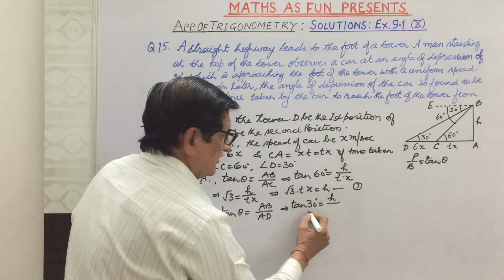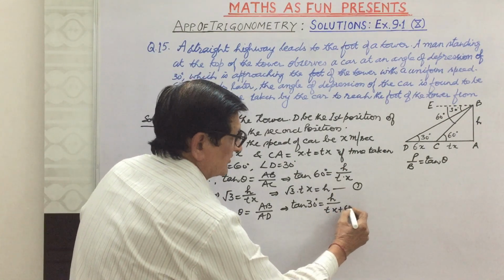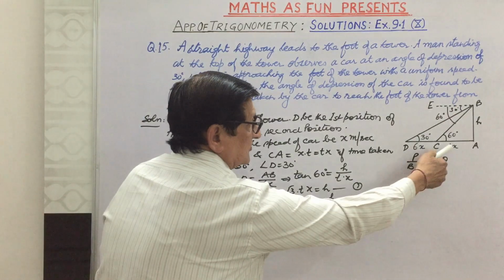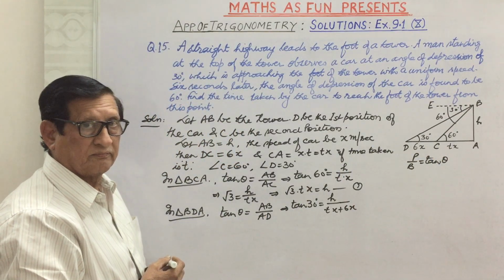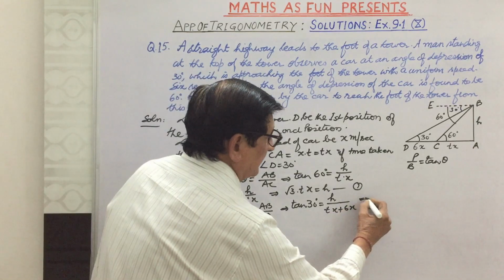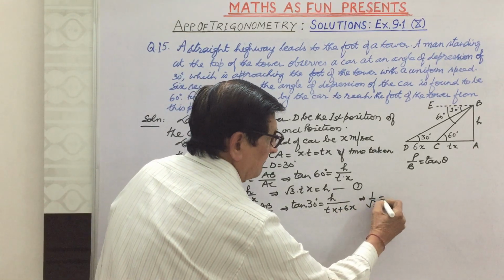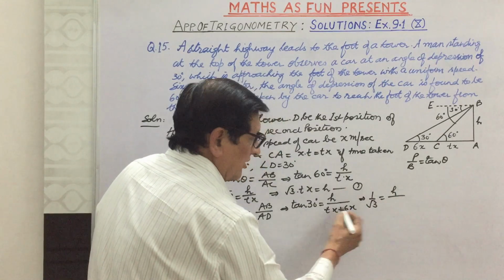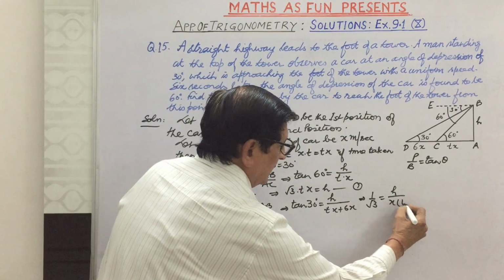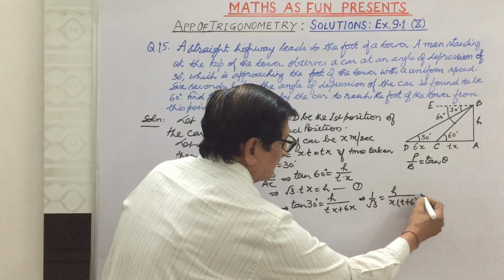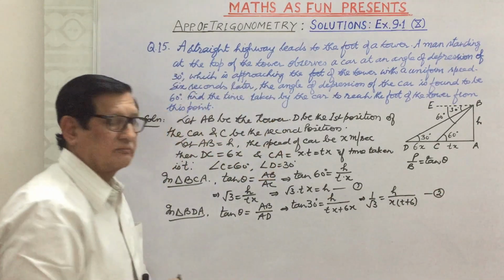AD here is tx plus 6x, because that is this plus this. We know the value of tan 30 from the table is 1 upon root 3. This is h, and if we take x common here from both, it will be t plus 6. This is equation number 2.